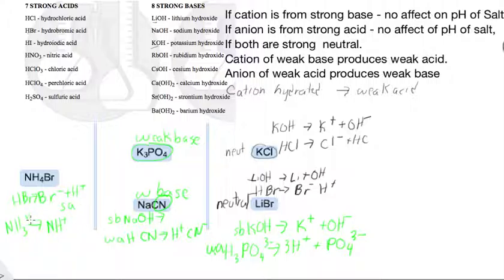Okay, add water. So NH3 is a weak base. Therefore, this is going to be a weak acid. The cation is derived from a weak base. Therefore, the salt is a weak acid.